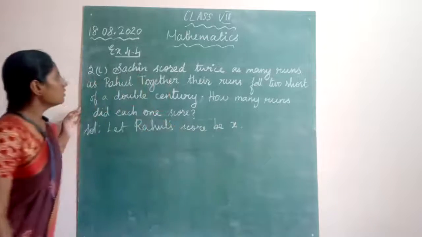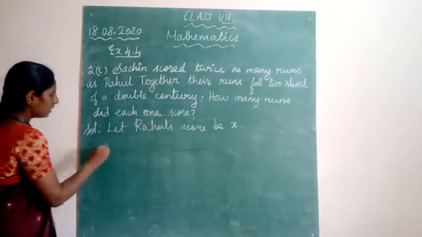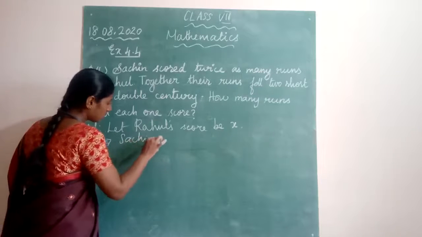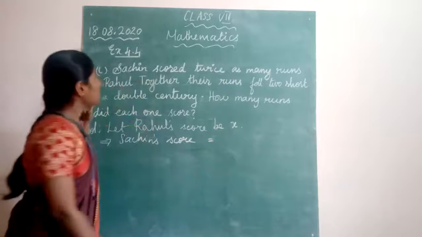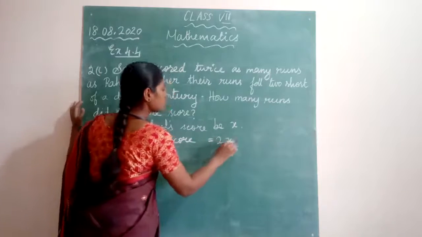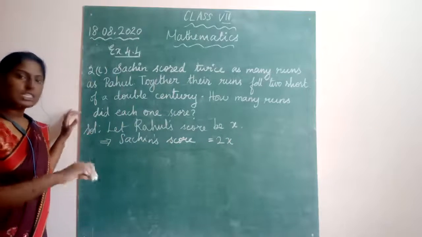Okay. So now what is Sachin's score then? So this gives Sachin's score equal to, Sachin scored twice as many runs as Rahul, so 2x. Okay. Together their runs means sum of their runs.